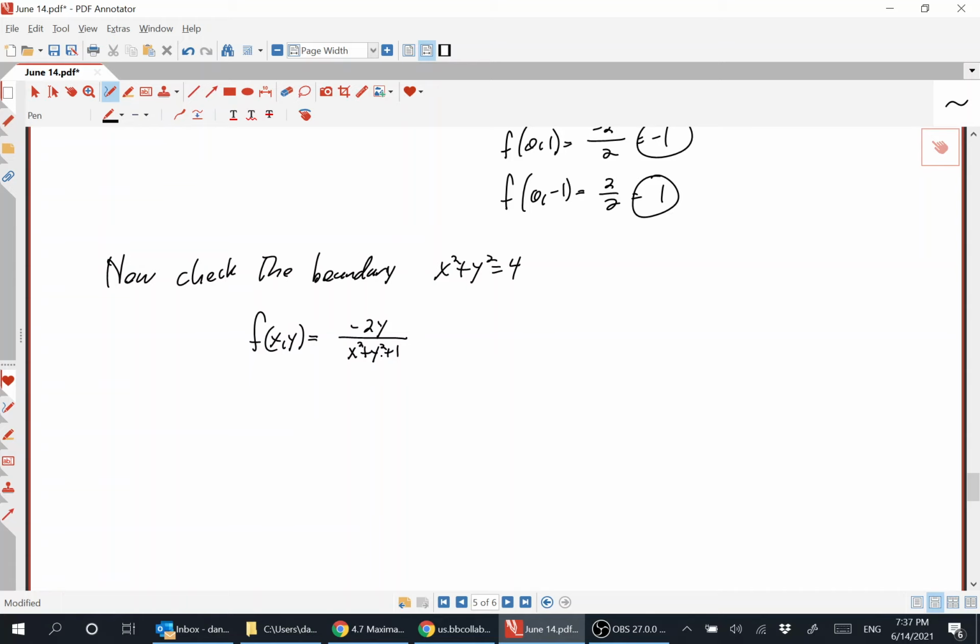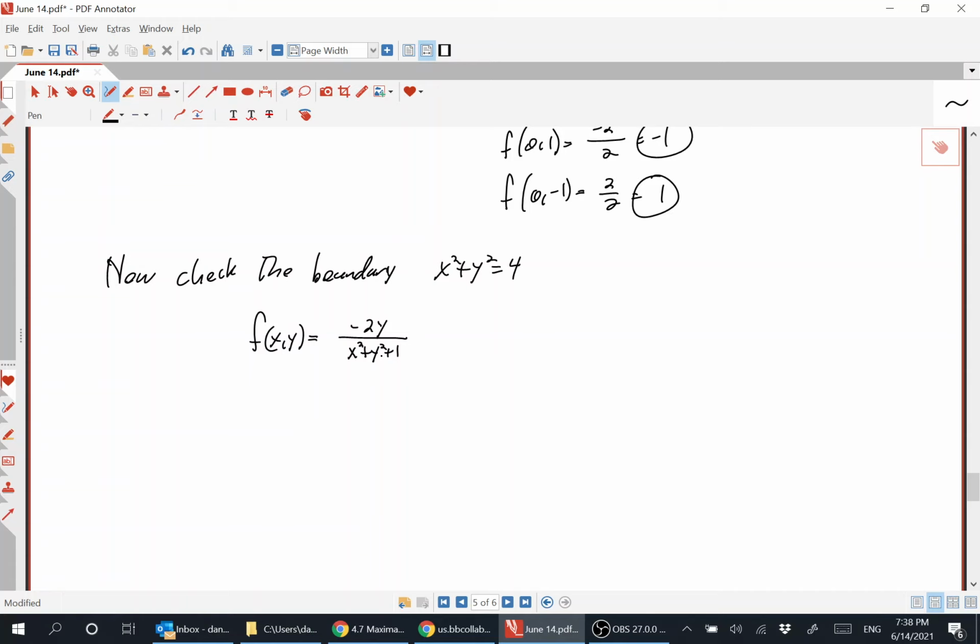Which variable should we eliminate, the x or the y? Which one will give us less trouble, essentially? You can do either, but which one will give us less trouble?